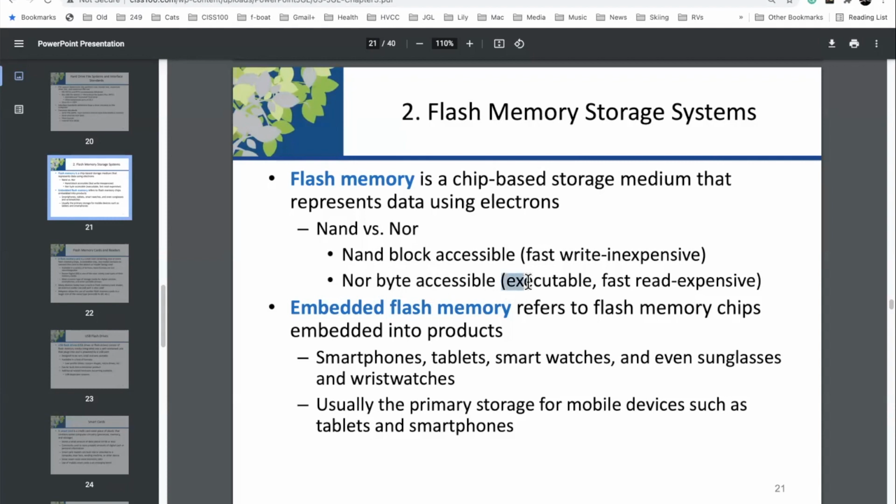It is executable. So NOR technologies are executable. They have fast reads, whereas NAND, block accessible, has fast writes. NAND is inexpensive. We know from our thumb drives, Pareto's law, right, which mirrors Moore's law, in that storage capacities keep increasing and the size and the cost go down.